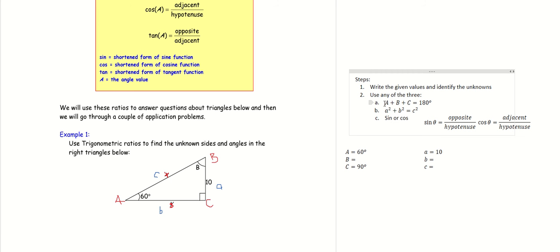Okay? So, a plus b plus c is equal to 180. But we already know a, which is 60. B is just b. And c is equal to 90. Equals 180.